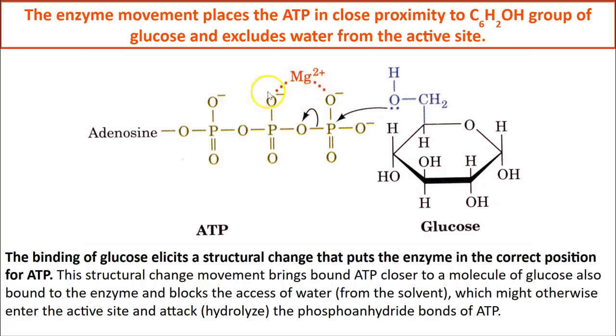It actually shields these negative atoms, and then now that oxygen, or you can think of the hydroxyl group within glucose, can now do a nucleophilic attack on that phosphorus atom, and now releasing it, where now you just have two phosphorus groups, which is ADP, and the phosphorus group that it loses goes on to the glucose.